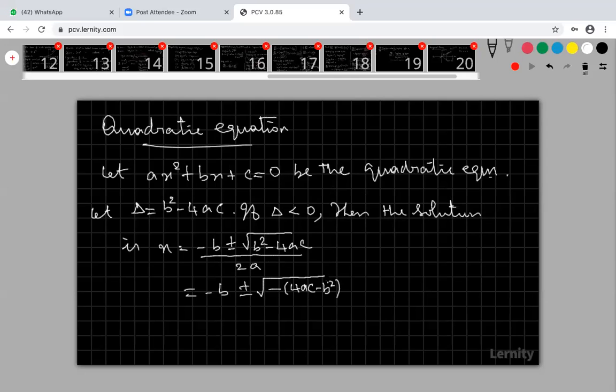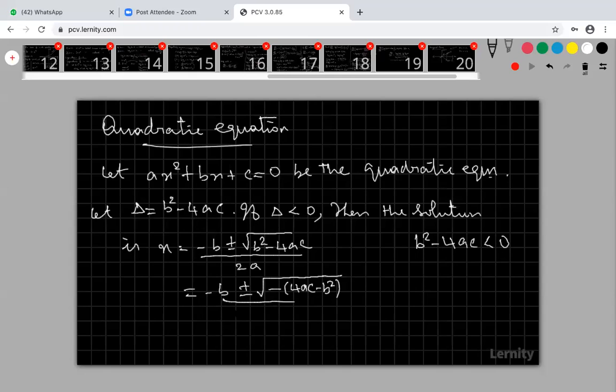Why, sir, why are you taking minus? Because my b square minus 4ac is less than 0. We are assuming delta less than 0, delta means b square minus 4ac. B square minus 4ac less than 0 means that it is negative. Then what about 4ac minus b square? This is positive.